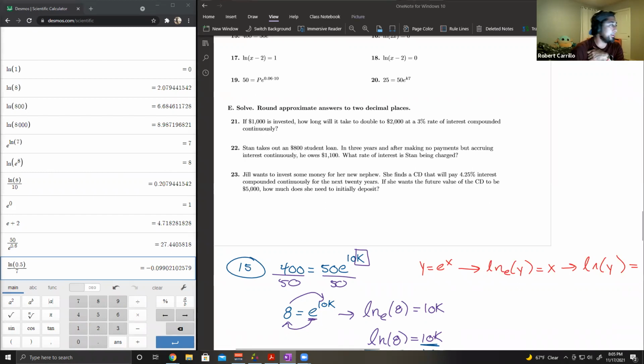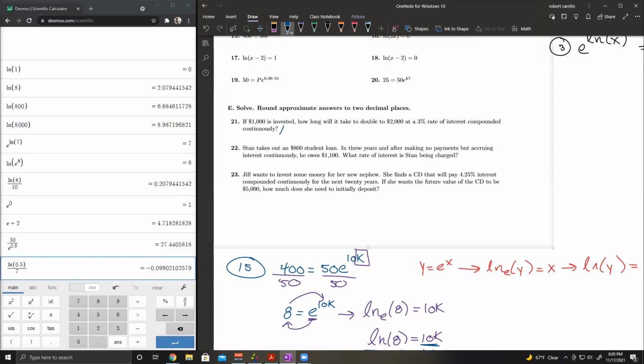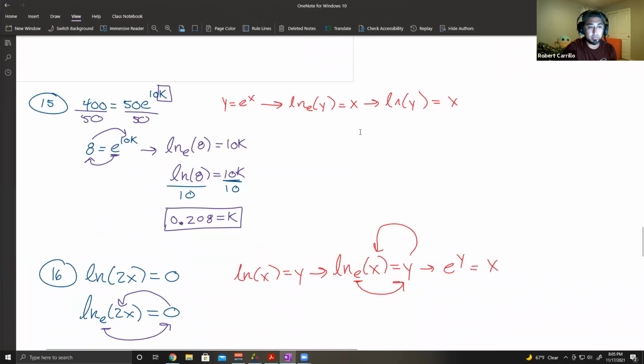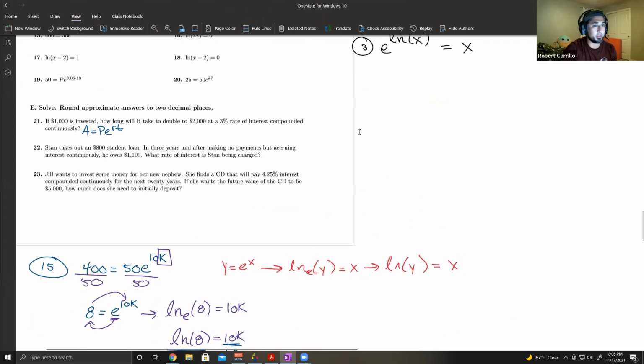Okay, so if we're compounding continuously, what formula do we use? A equals Pe to the power of rt. Good. So we use our best friend, PERT. Okay. Again, I'm going to need some room here. I'll just bring in Desmos when we need it. Okay. I'm going to put 21 right here.